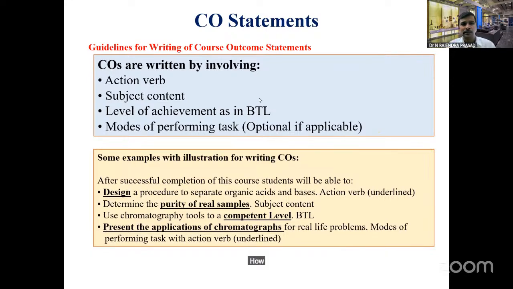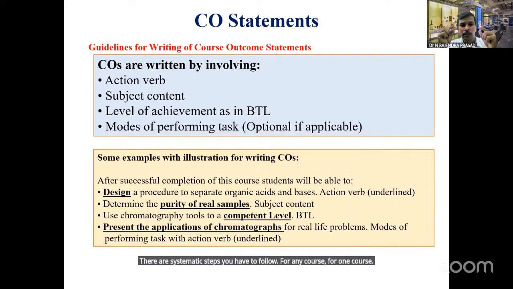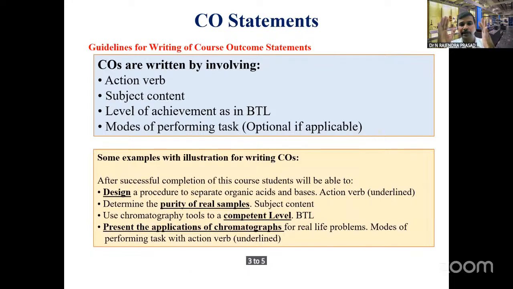How to write it? You cannot write CO haphazardly, randomly. There are systematic steps you have to follow. For any one course, 3 to 5 COs are to be designed. Don't write 7, 8, 9, 10 COs. That is very unscientific.